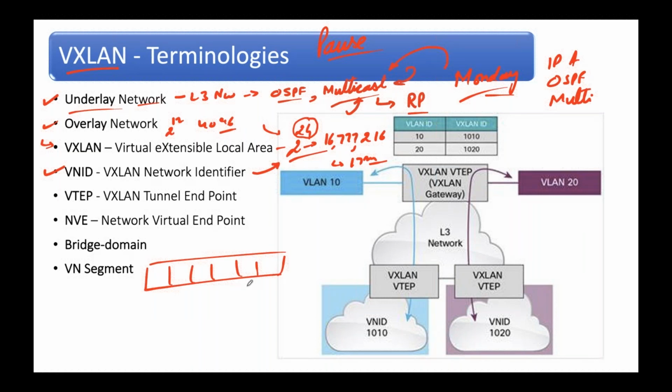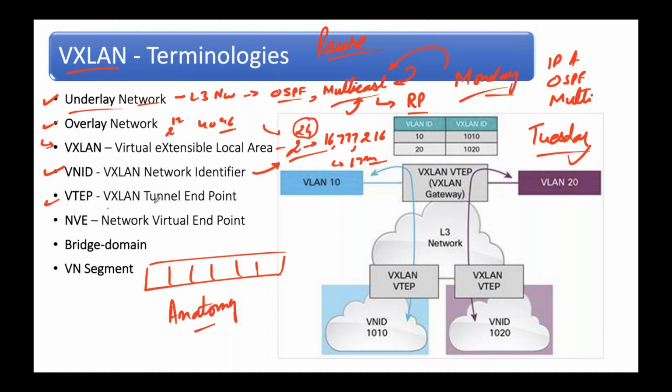We will look into the anatomy of the VXLAN frame format as well to understand the significance of certain important bits. That is going to be in our day 3 class, on Tuesday. I'm just giving you a fair idea of our path.